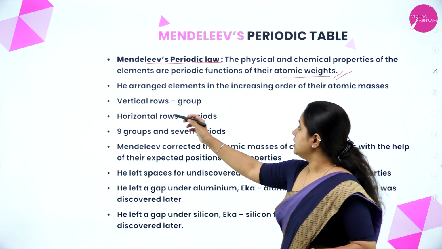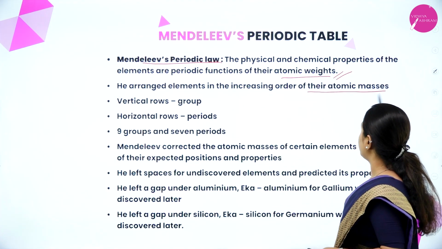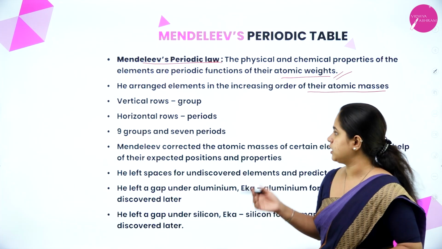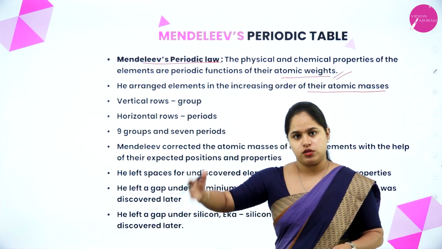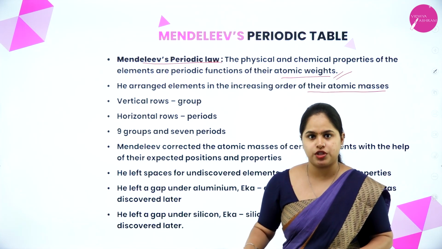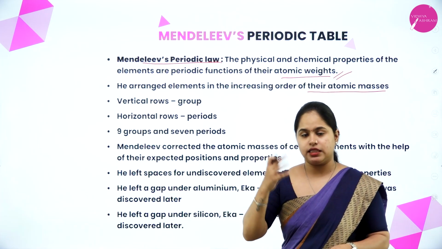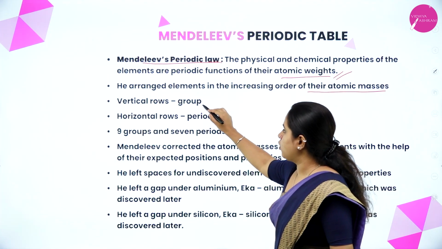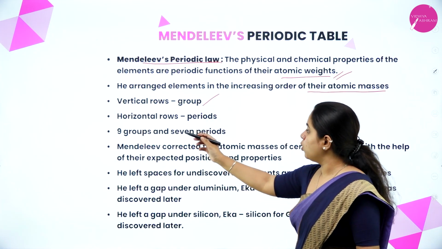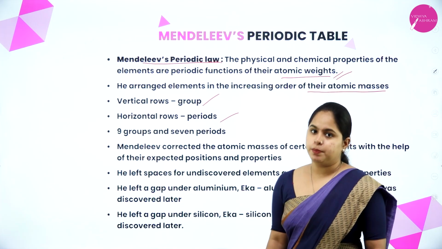Then there were vertical columns and horizontal rows in this table, and the vertical columns were called groups and the horizontal rows were called periods.